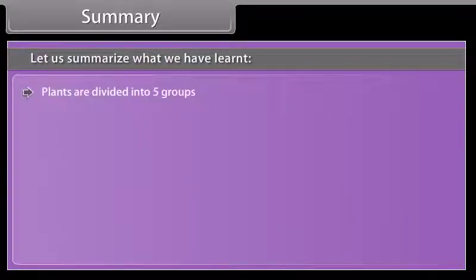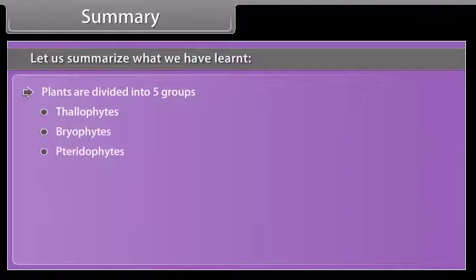Plants are divided into 5 groups: Thallophytes, Bryophytes, Pteridophytes, Gymnosperms, Angiosperms.